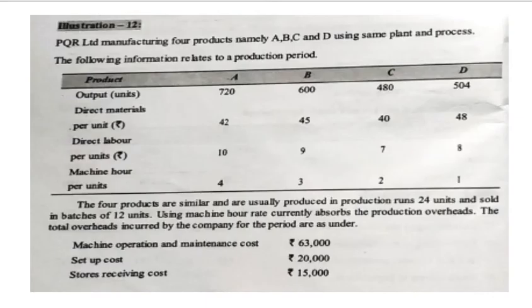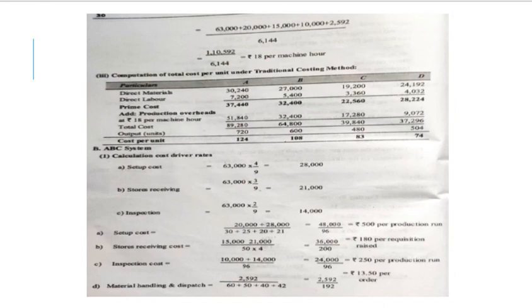In one batch, 12 units are delivered. So 720 divided by 12 gives you 60. So 60 batches or orders are being delivered for product A.